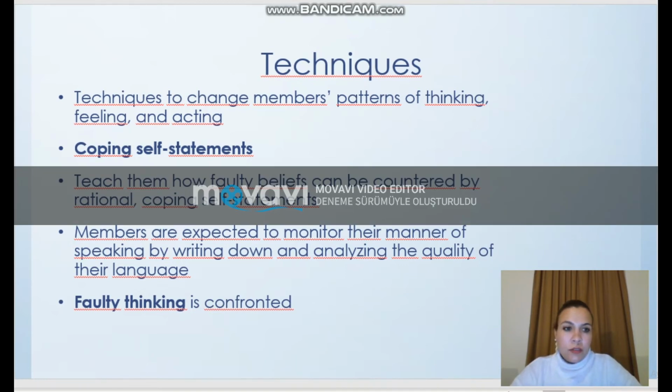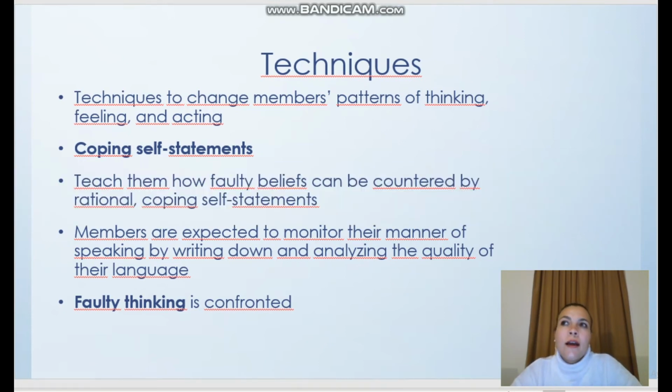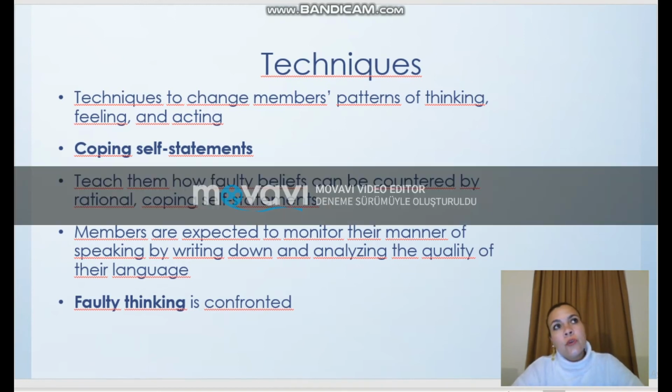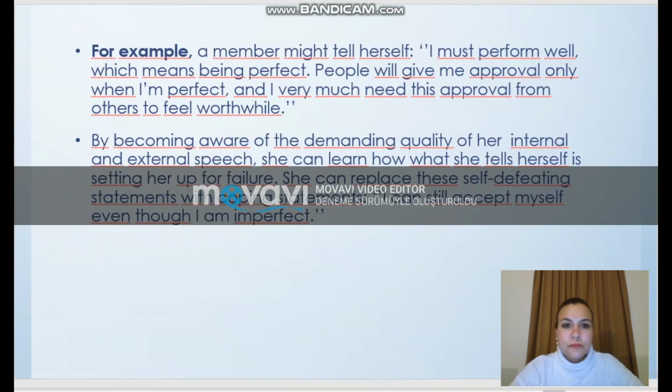And they are asked to develop some coping self-statements by confronting their faulty thinking. And these coping self-statements include rational beliefs and thoughts regarding the situations they are having problems with.